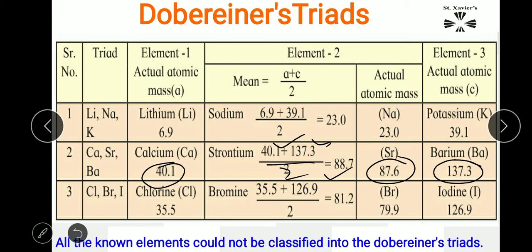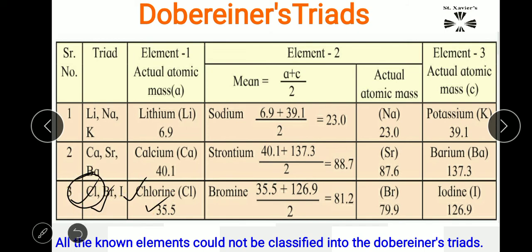When we talk about the last example, we have chlorine, bromine and iodine. First, chlorine has an atomic mass of 35.5. Last, iodine has an atomic mass of 126.9, and bromine has an atomic mass of 79.9. Let us check whether this is the average of first and last.